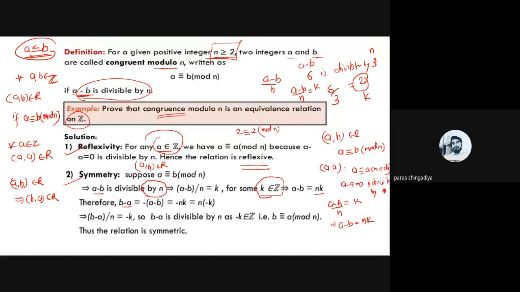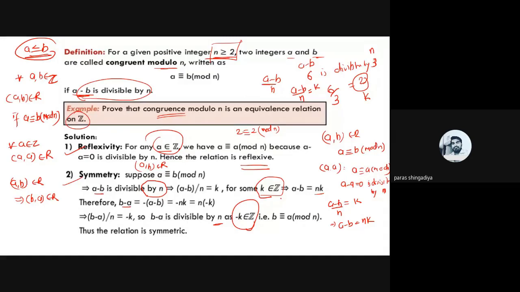And as you know that k belongs to Z, so minus k also belongs to Z. Clear? So therefore we can write (b − a)/n is equal to minus k, and so we can say that b − a is also divisible by n, and for the result minus k belongs to Z. b − a also belongs to Z, for minus k belongs to Z. Clear? And therefore we can say that b is congruent to a mod n.